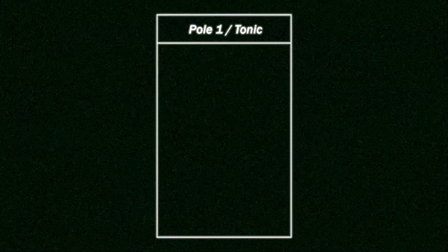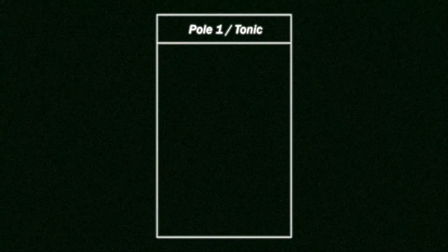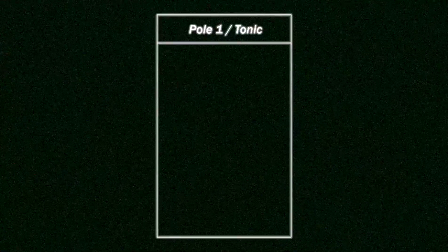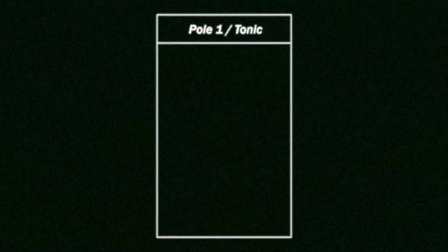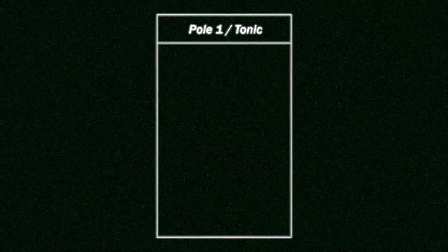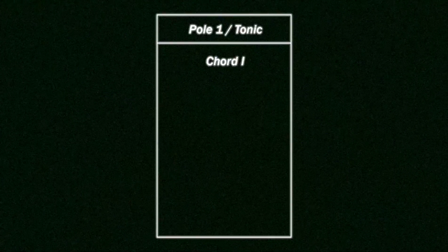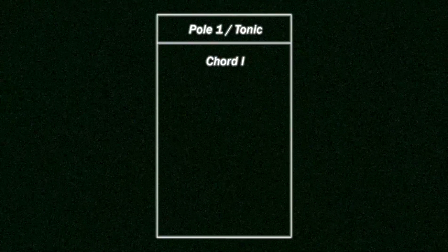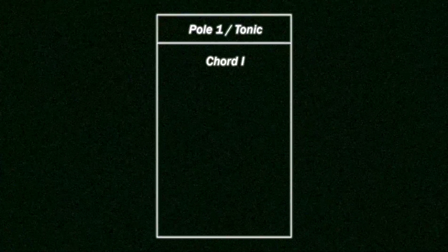In pole 1, we have tonic chords. These chords sound most like home. There isn't any unresolved tension within the chord. The best example of this is chord 1. So, let's put chord 1 into pole 1.